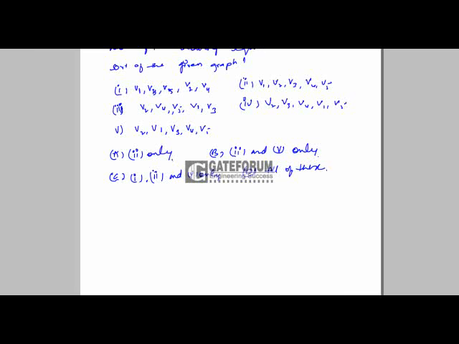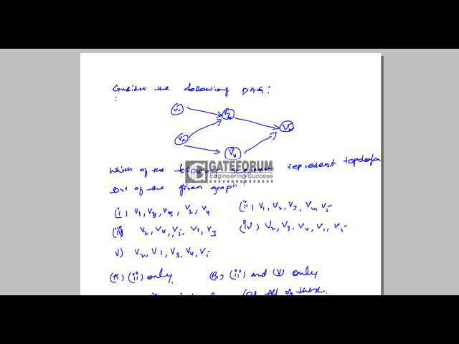Consider the following directed acyclic graph. Which of the following sequences represent the topological sort of the given graph? Here a directed acyclic graph is given, and we have to identify the topological sortings for that graph. If you see the first one, V1, V3, V5, V2, V4.